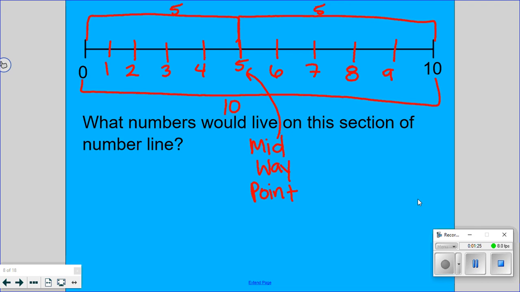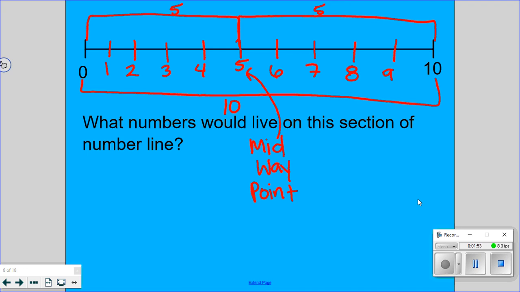When we are writing out our number line, we learned that it is much easier to put our numbers in the right spot if we have the midway point. What's the midway point of our number line that goes 0 to 10? What's that midway point, Carl? A midway point is like counting 0 to 10.